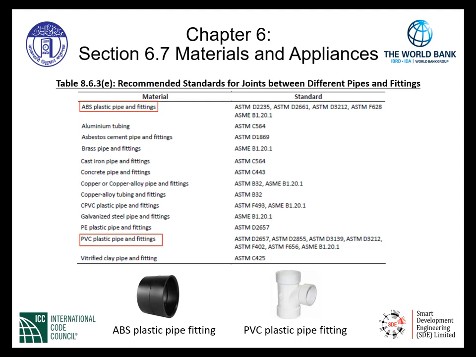In this case, it's a plastic pipe fitting called a coupling. We also have PVC plastic pipe fittings and the associated standards. As indicated below, we have what's called a sanitary tee, and that is PVC plastic pipe material. So again, the designer can reference this particular table and specify pipe fittings and the associated standards for those particular fittings.